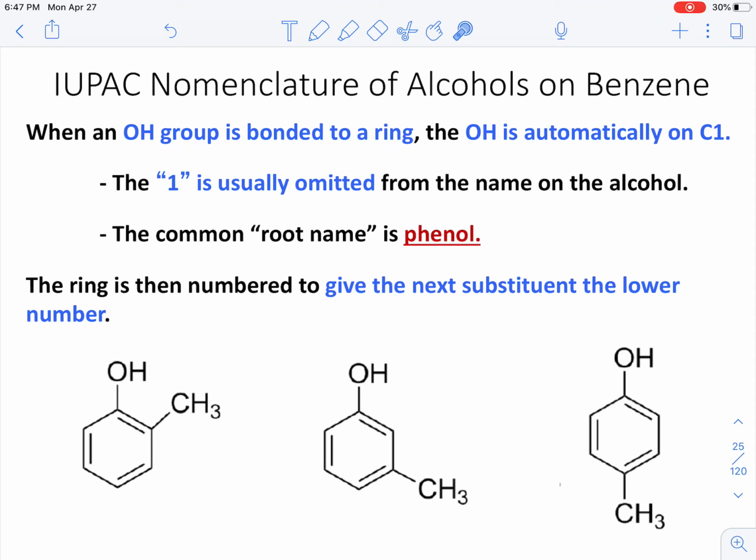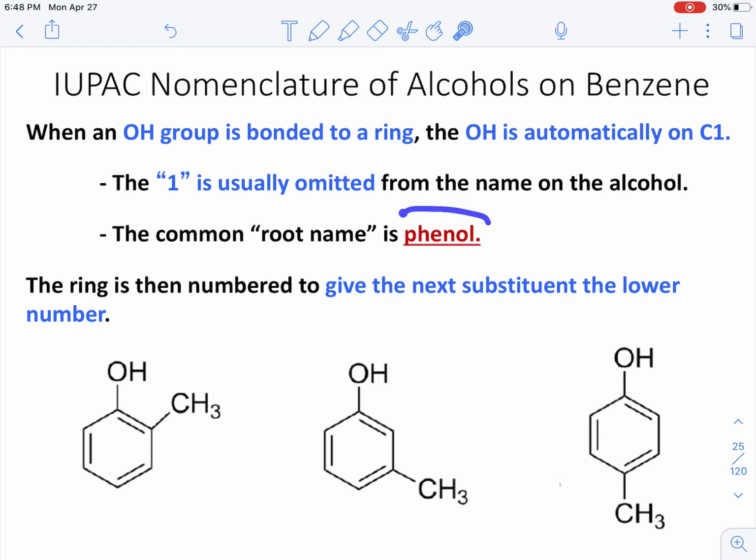In this lecture video, we are going to cover how to name alcohols that are found on benzene rings. If you recall from chapter 11, the benzene ring is one type of molecule that demonstrates an aromatic compound. There are many others. Now, the nomenclature, the naming of alcohols on benzene rings, has already been done in chapter 11.